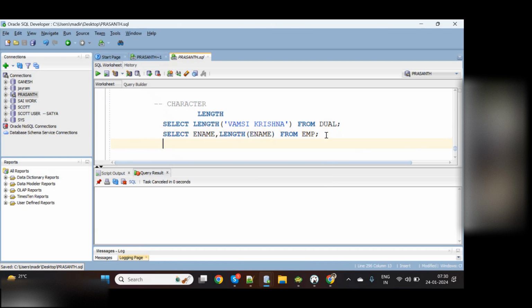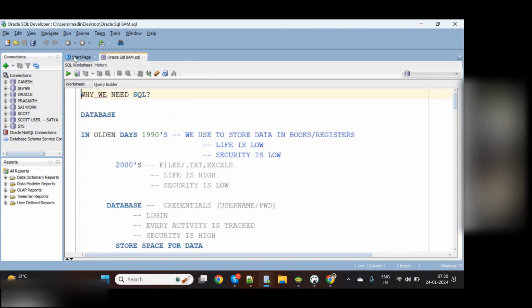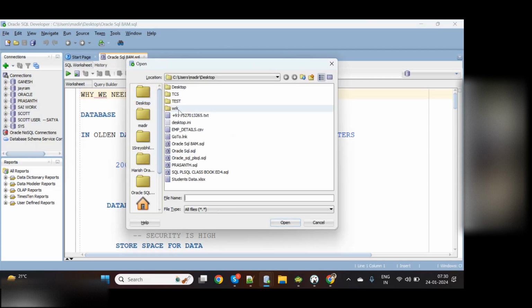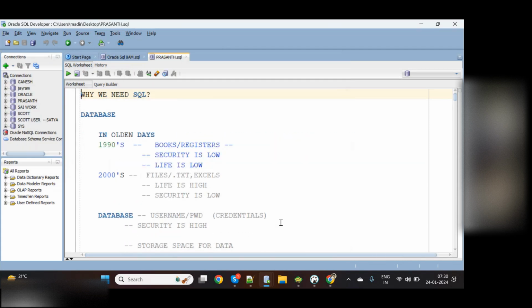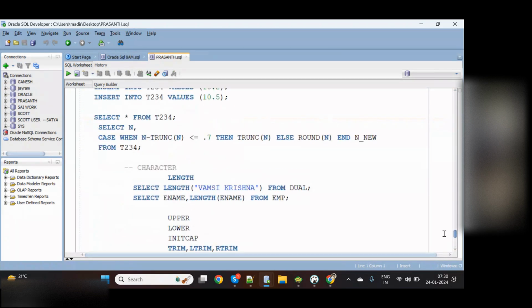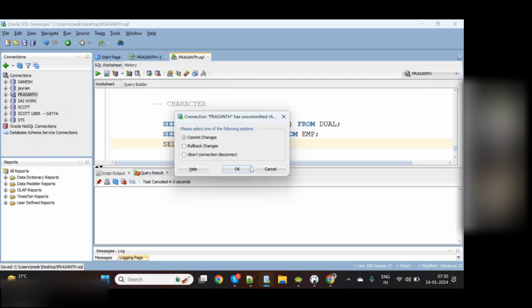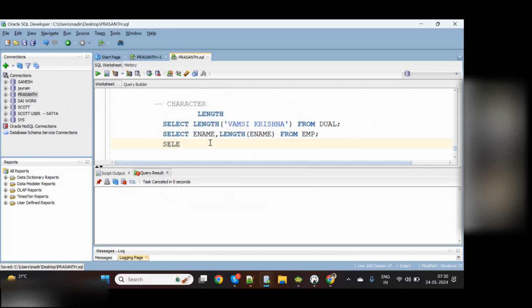You asked me, if I want to find the length of a numeric, will it work? We'll see. The name itself says it is a character function, so first of all we need to think. That we'll see here in dual only.